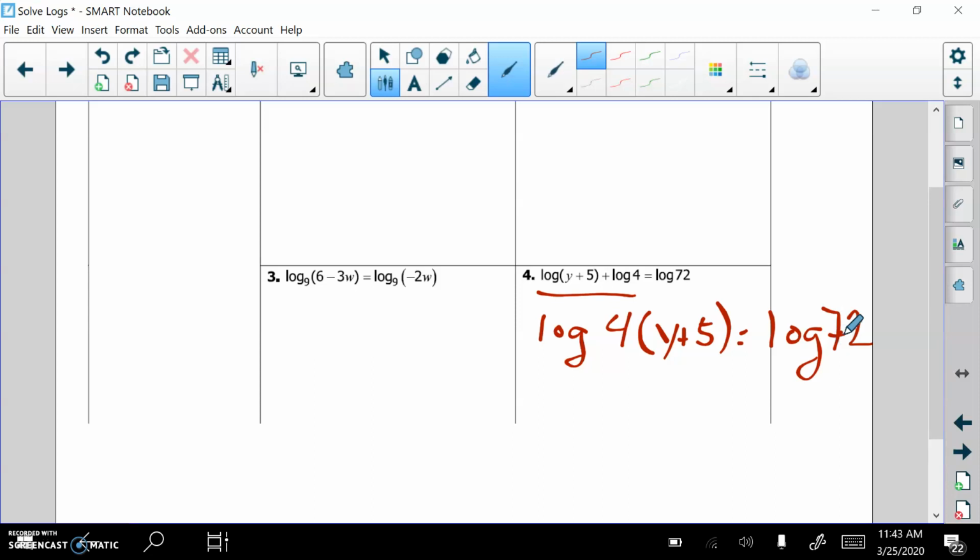Now we have what we had on cases 1, 2, and 3, where we have two separate logs separated by an equal sign, and they've been condensed. So all I have to do is exponentiate, and solve 4y plus 20 equals 72.